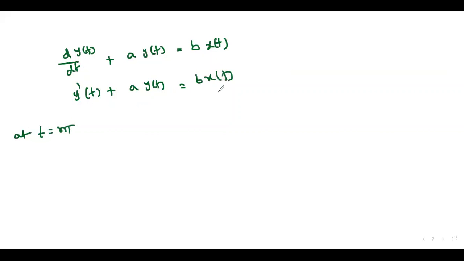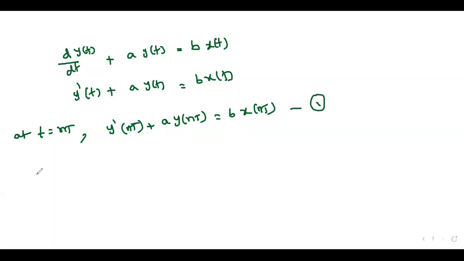This equation can be written as y dash of nT plus a into y of nT is equal to b into x of nT. Say this is equation 1. I'll come back to this point.